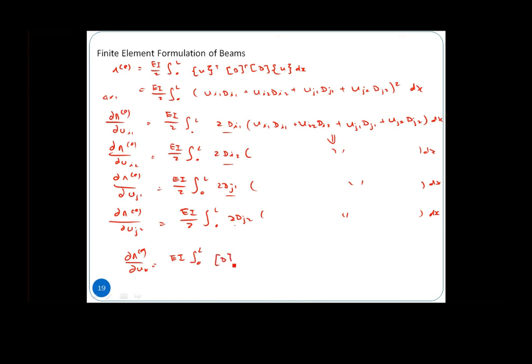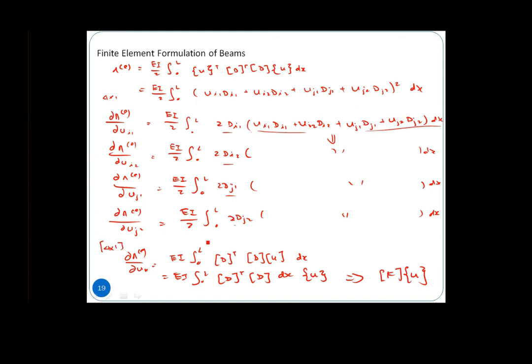So we have this D transpose, multiplied with D U. So again, it can be written as EI, integral 0 to L, D transpose D dx, U. So again, you have this equals K U.